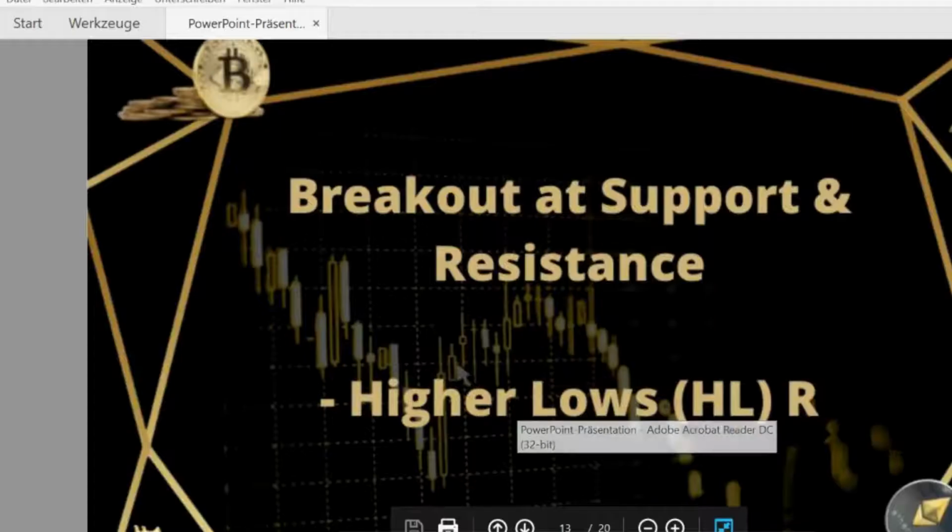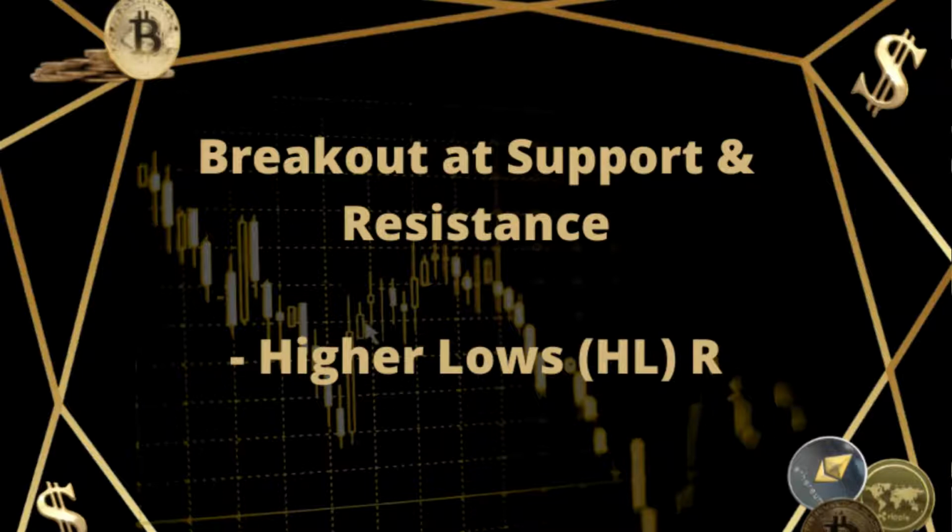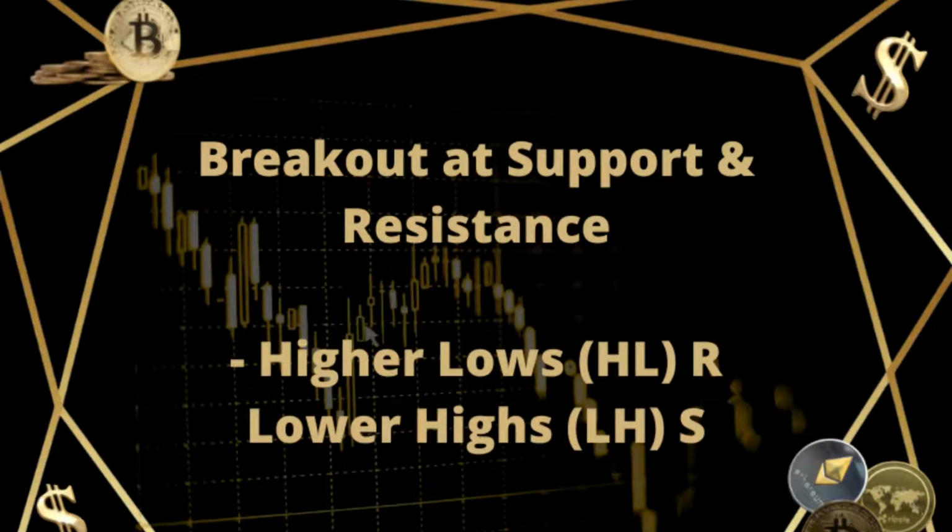So that is something we want to look at. But there are, of course, two things. We want to look at higher lows if it comes to resistance, and we want to look at lower highs if it comes to support.